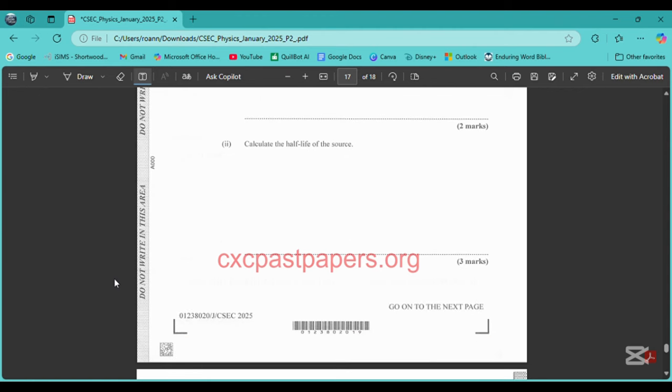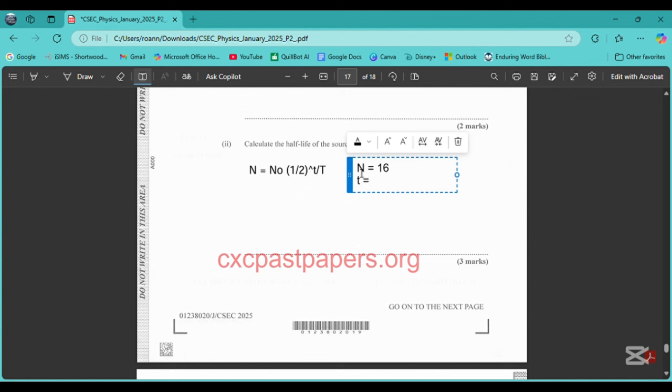And it says to calculate the half-life of the source. So the half-life formula is N is equal to N naught times half to the power of t over T. Note that N is the 16, which is our corrected count rate after 1 hour, so 16 counts per second.